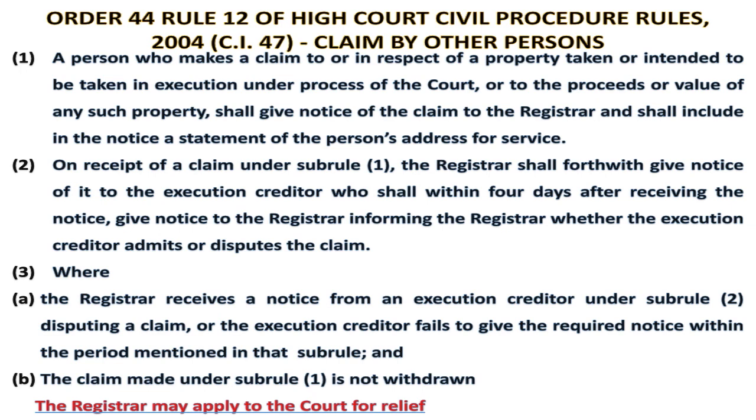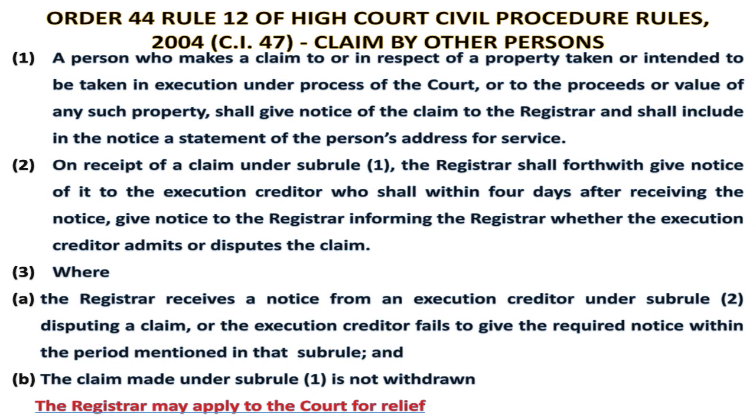On receipt of a claim under Sub Rule 1, the registrar shall give notice of it to the execution creditor. He shall give notice to the execution creditor, who shall within 4 days after receiving the notice give notice to the registrar, informing the registrar whether the execution creditor admits or disputes the claim.